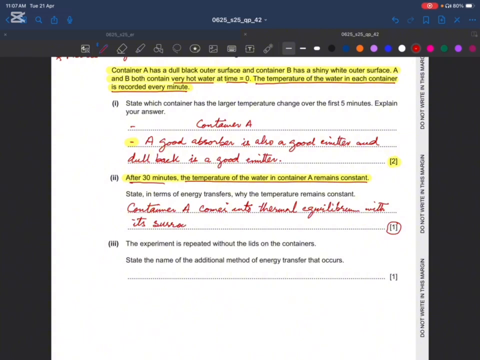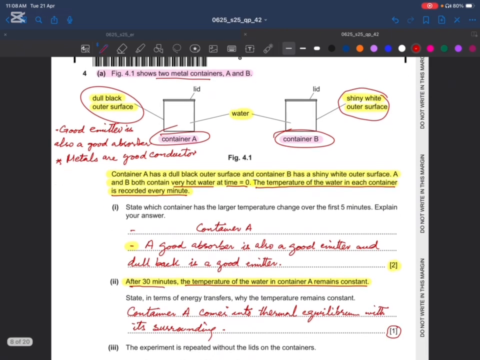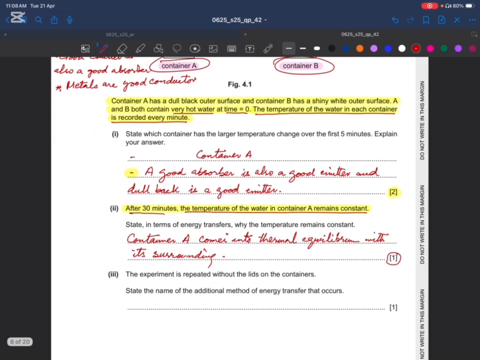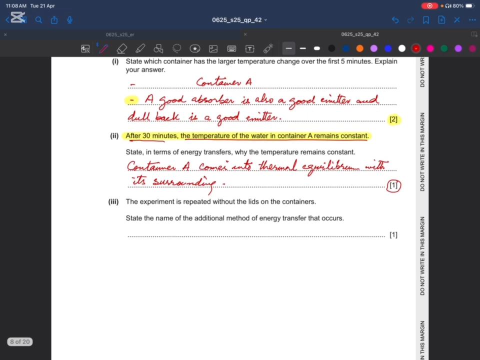This is very important to understand. Thermal equilibrium means that the rate of absorption of energy is equal to the rate of emission of energy. So container A is taking energy in and giving it out at the same rate. At that stage, container A has thermal equilibrium with its surroundings. This is something important to understand.